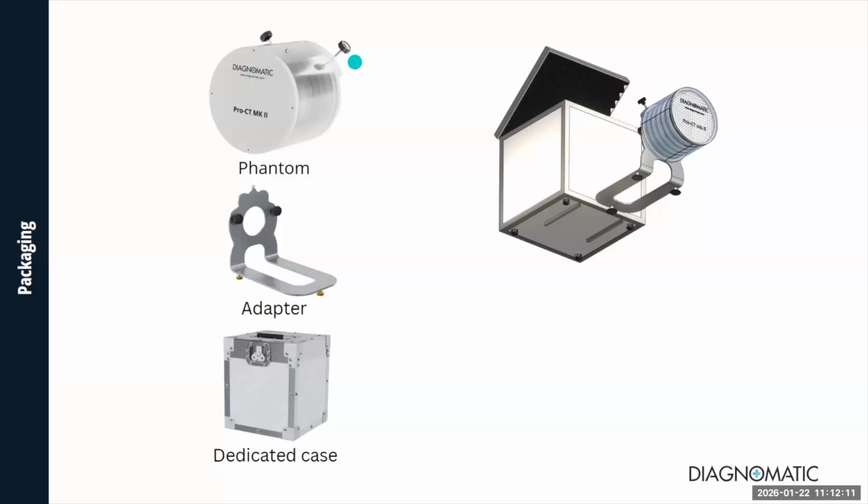And what is inside the box? We have the phantom, the stand, and the dedicated case. Here you can see that the stand replaces the box on top to have the counterweight and hang the phantom on the perpendicular part of the table.